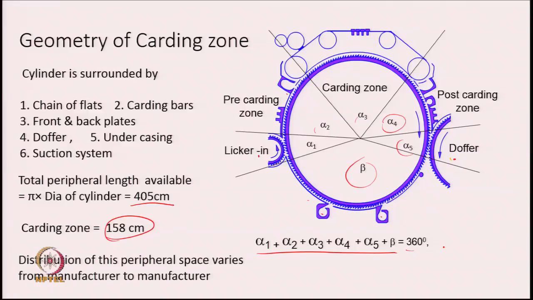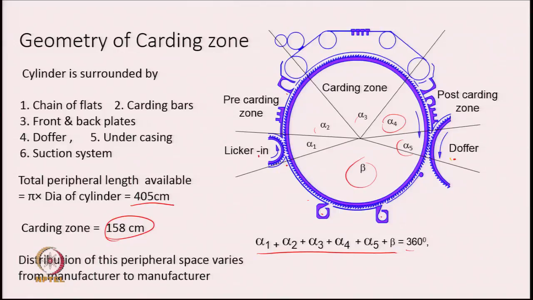The peripheral length is basically fixed and decided by the diameter of the cylinder, and if we change the locations of the Licker-in and Doffer, we can vary the angles alpha 1, alpha 2, alpha 3, alpha 5 and beta. The overall peripheral length is fixed, depending upon how much zonal length we require in order to ensure that carding takes place quite efficiently.